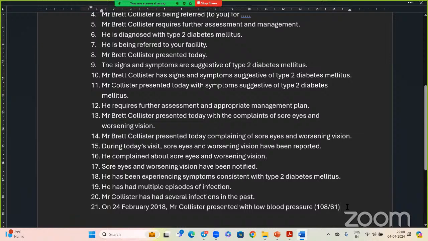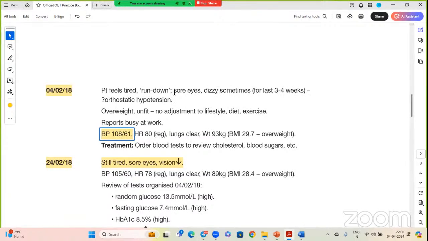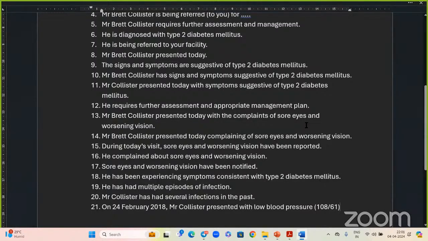Okay, and what else? So here, sore eyes were there that time also. But we already discussed sore eyes. So what else is there? So dizzy sometimes. Dizziness. You can say dizziness. Right? Comma. Dizziness.